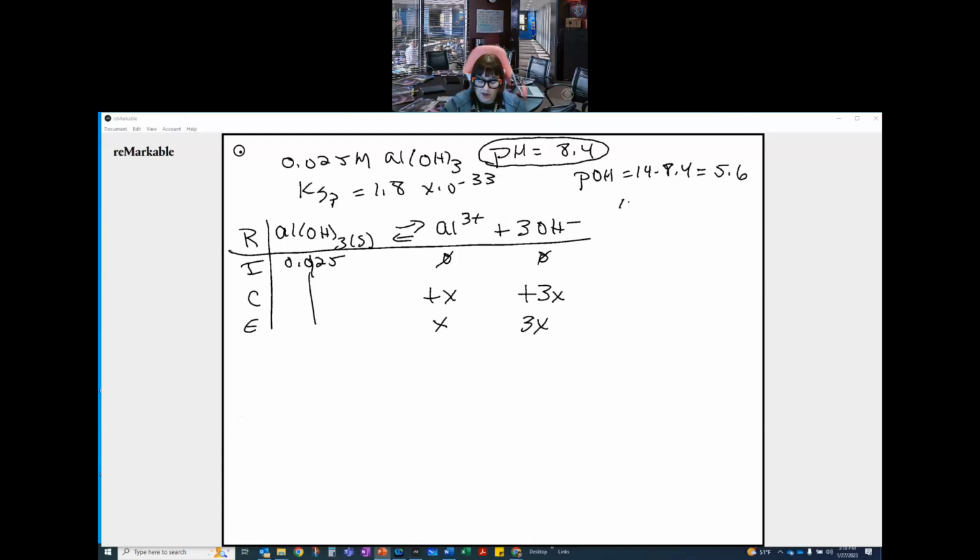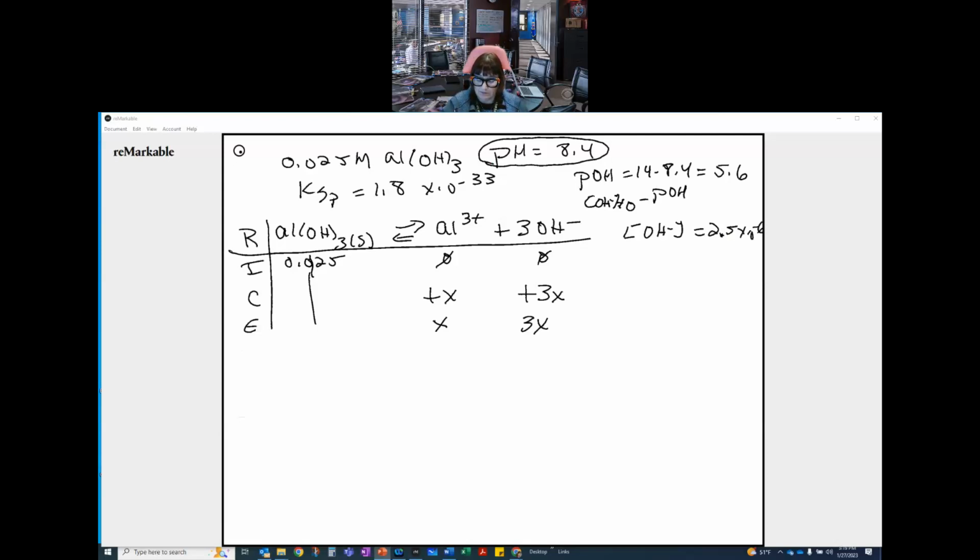If I take 10 to the negative pOH, that's going to be my OH-. So I take 10 to the negative second answer, and that gives me 2.5 times 10 to the minus 6.